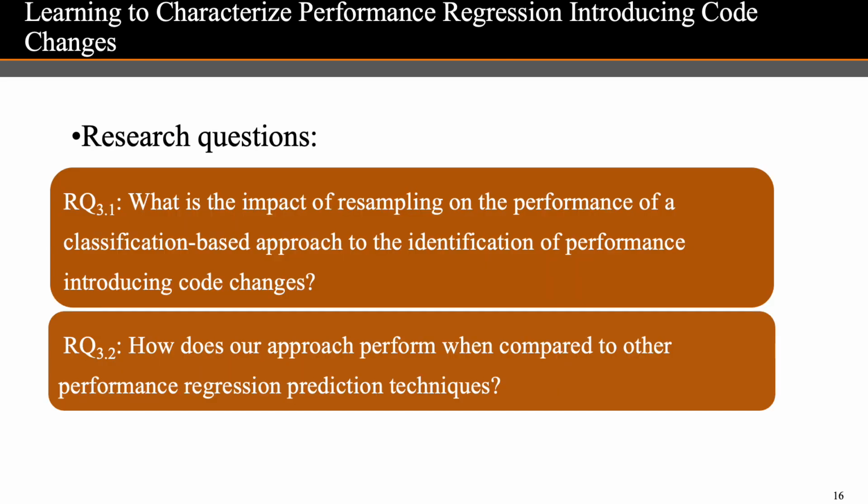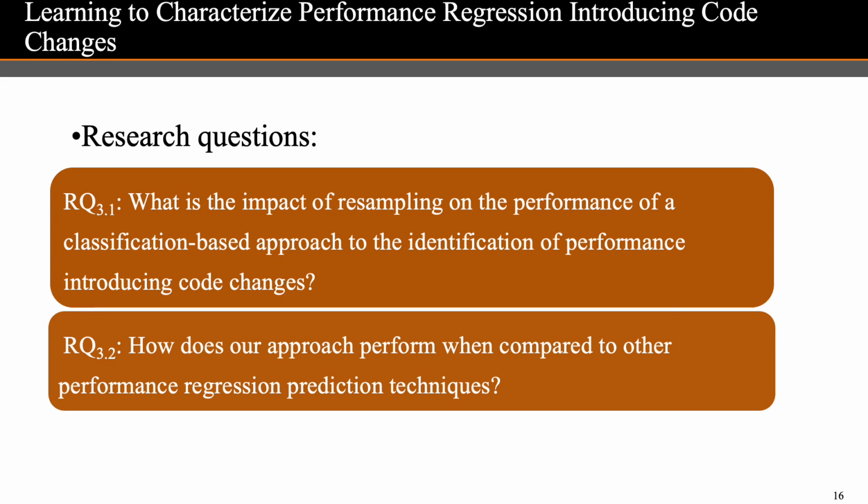To evaluate our approach, we investigated the following research questions. In the first research question, we are interested in assessing the effectiveness of various resampling and classification techniques to identify the combination that is the best in identifying both commits classes.